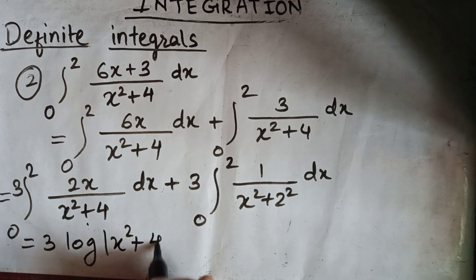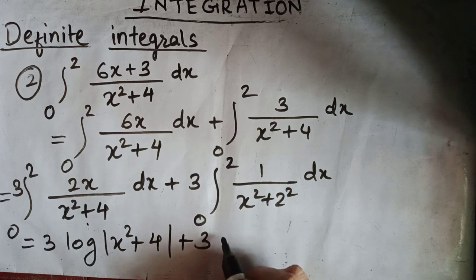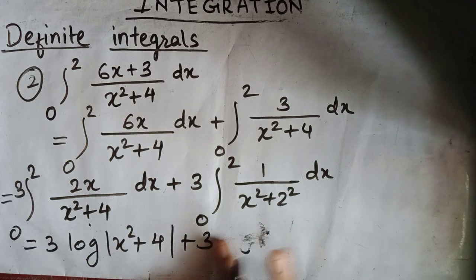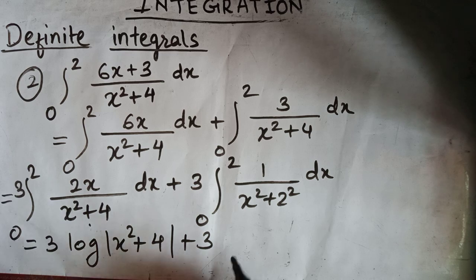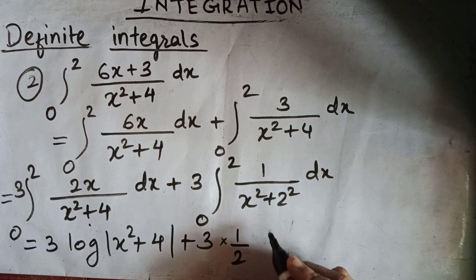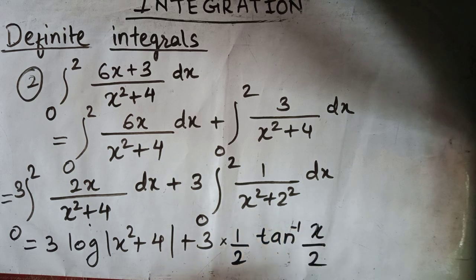x square plus 4, and here I have to apply 1 upon a square plus x square, which is a standard result. So this will be, not log, this is x square plus a square, so this is 1 upon a, a is 2, tan inverse x by a.